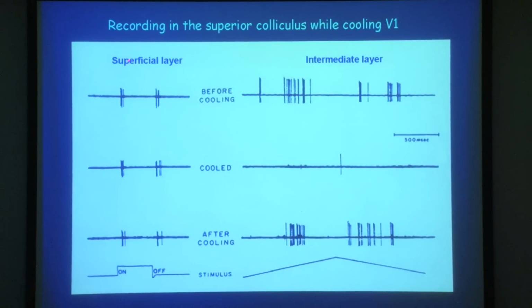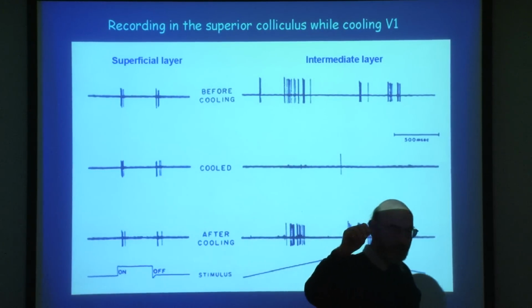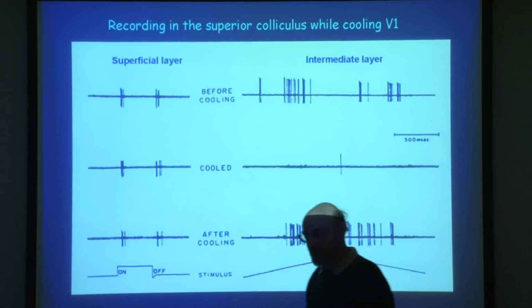If you look at the superficial layers of the colliculus, and look at what happens before you cool, when you cool, and after you cool, the cells keep firing. Those cells in the superficial gray are not interested in anything that comes down from the cortex, because the input from the retina goes to these upper layers of the superior colliculus, predominantly to the superficial gray.